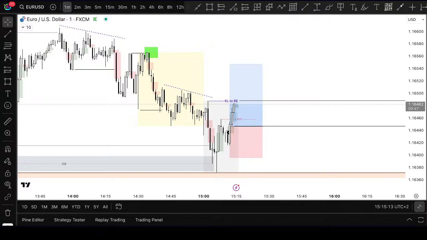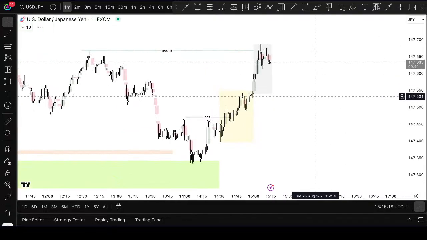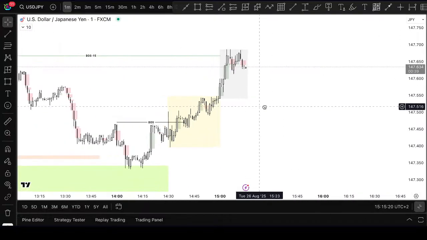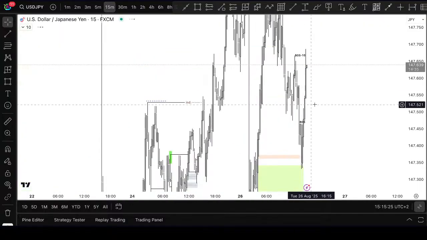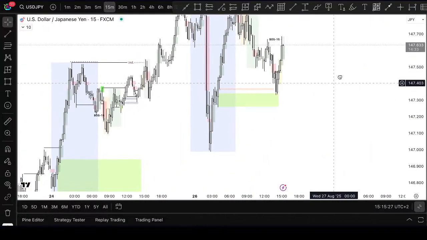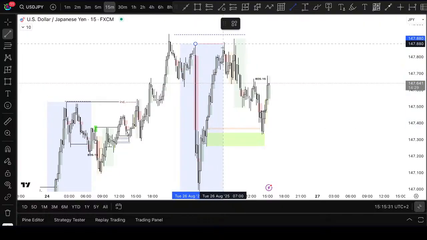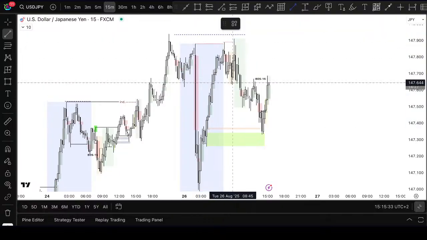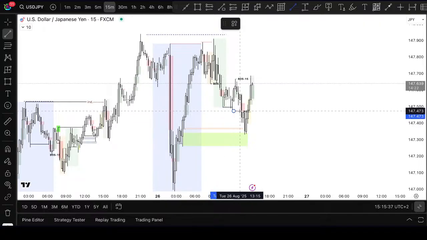What do we say about the USDJPY? It is still here. Now the question is, will it come down or not? The higher time frame took, this has broken, and this has taken downwards, and it supports.